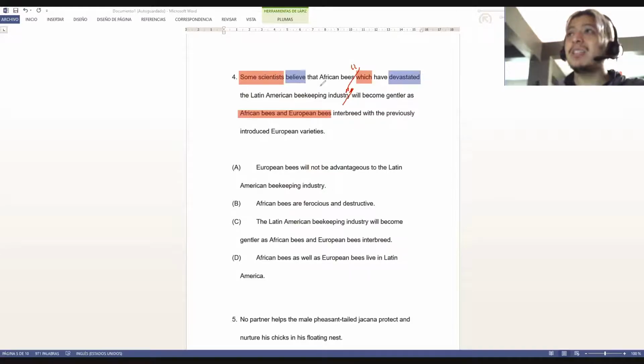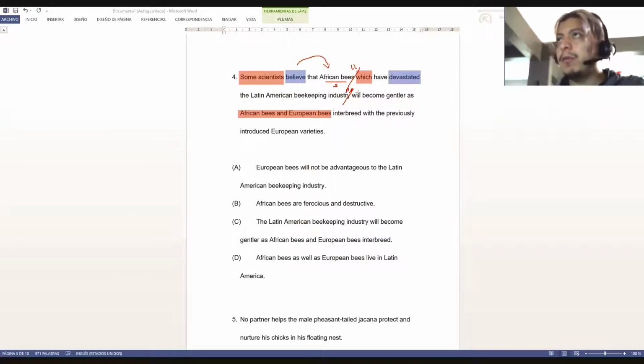Some scientists believe that African bees will become, yes? So in that case, these African bees, the object of the first sentence, the complement of the first sentence, becomes the subject of the second sentence. The second sentence says will become. We have another verb.